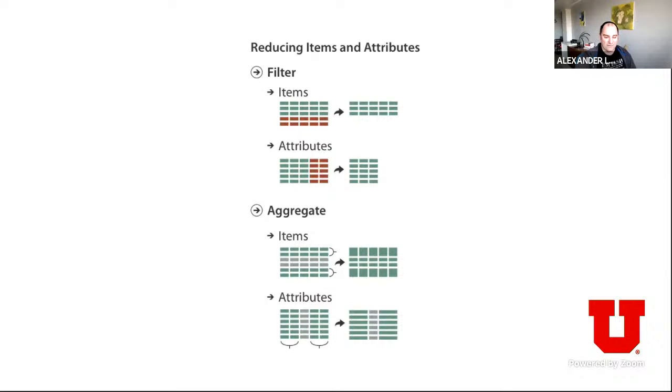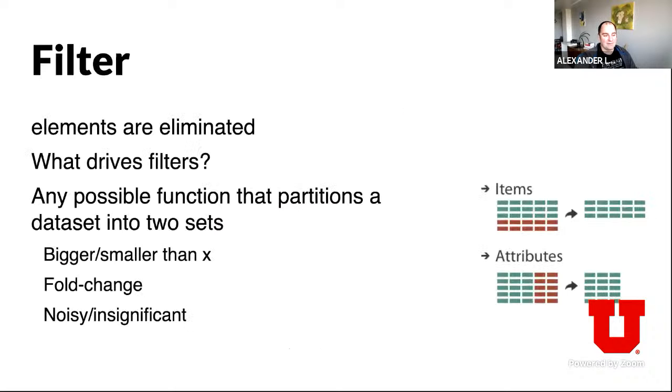For aggregation, you want to take items or attributes and group them in some meaningful way. For example, if you have items that are very similar, maybe you can just represent these similar items instead of representing all of the different items, which is also very useful if you want to deal with scale. So let's start off with filtering, because that's the simpler one.